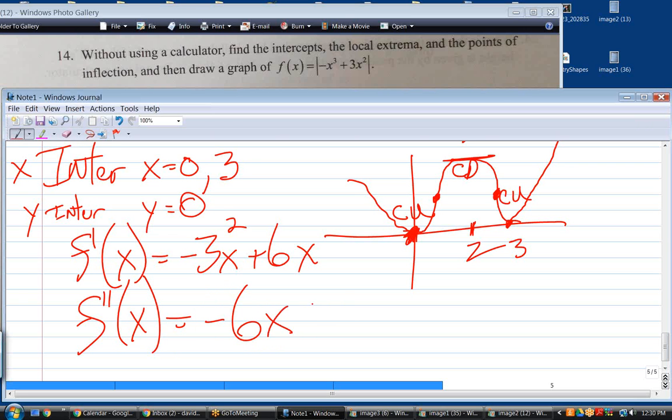Minus 6x plus 6 equals 0. X equals 1. So that point of inflection comes at 1. Why did I only find 1 point?